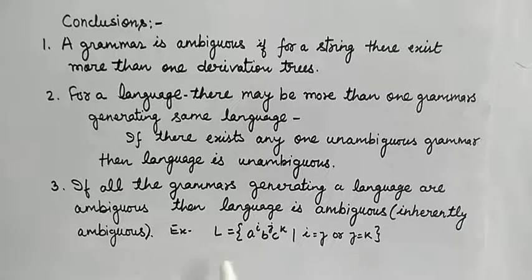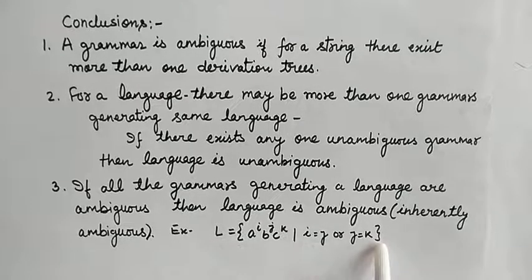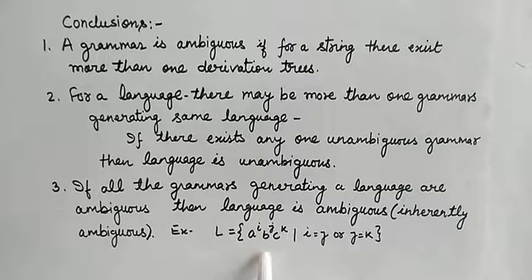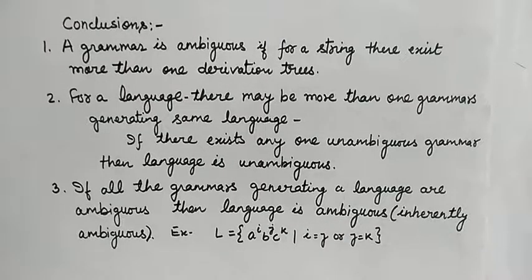And this is a very famous example of an ambiguous language. So this is one of the ambiguous languages for which no unambiguous grammar exists. All the grammars generating this language are ambiguous. This is why this language is ambiguous, or rather I should say inherently ambiguous.